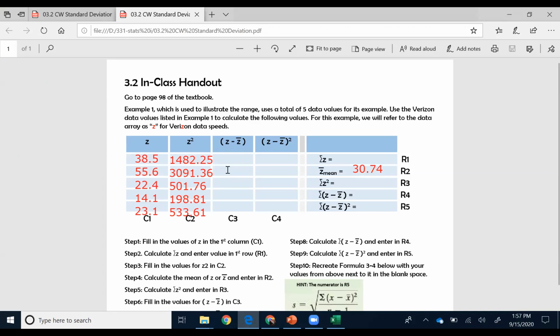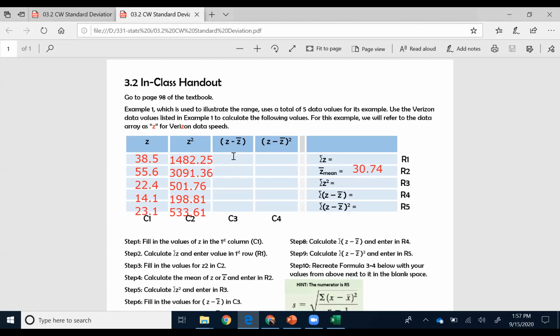Now, this column, what we're going to do is this. We're going to take Z, which is 38.5, subtract it by 30.74, and put that value here. I want people to do that in chat, and everybody needs to give me one. If we don't try to duplicate, we should have all of them done. I don't want this to be a mystery.